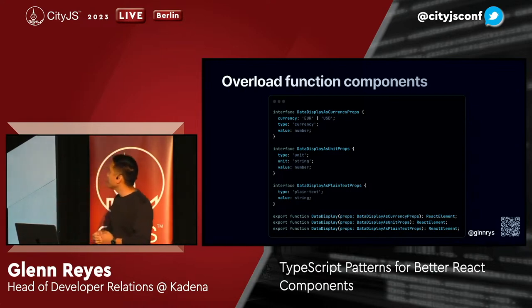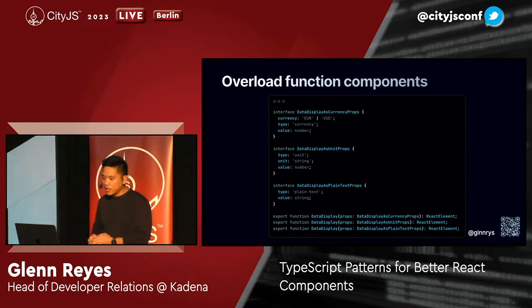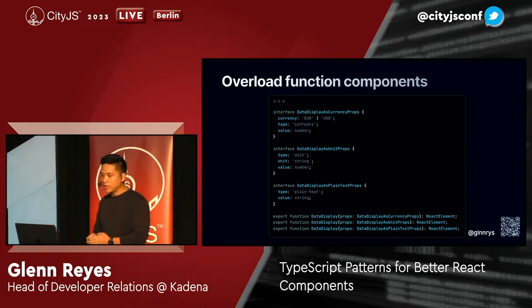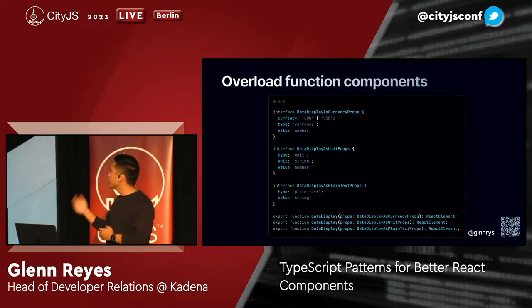For example, if you have my DataDisplay component here, and I want to use it to display some currency, I'm just using the props related to the currency. The same thing if it's a unit, so I just need the value as a number, and maybe the unit and plain text and things like that. So it's a great way of making a component that has props related in conjunction.